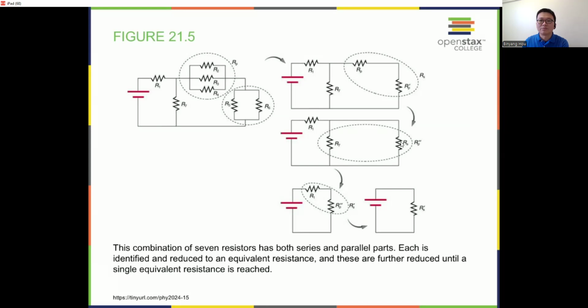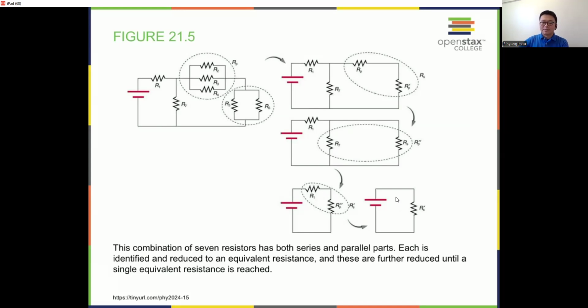So these two can be replaced by an R P double prime, the second combination in parallel. So then it becomes this circuit. Then these two at the end are purely in series, and can be represented by this one. So you just do it step by step in that case.